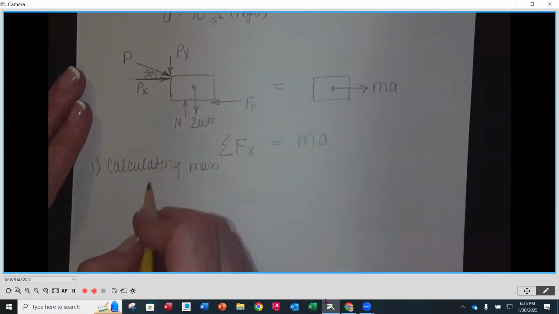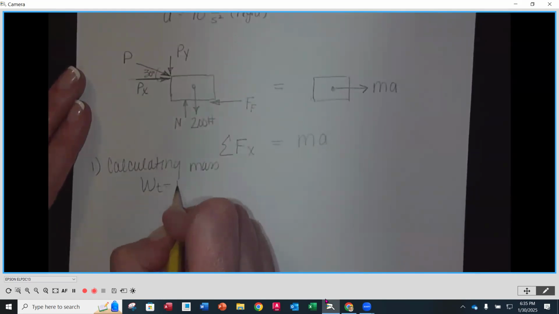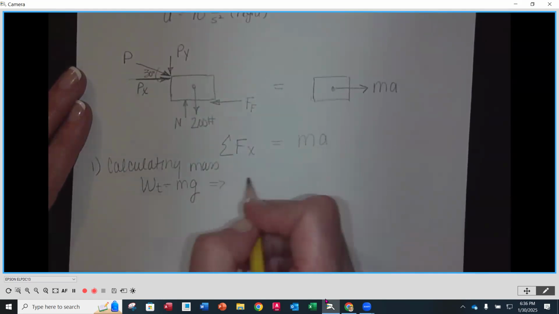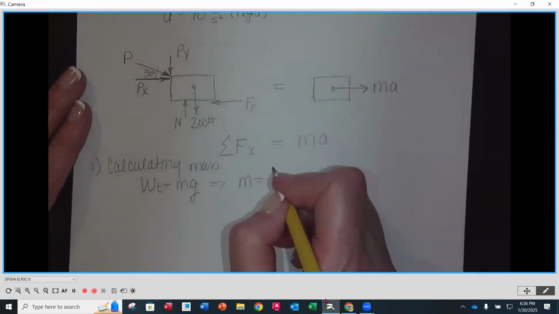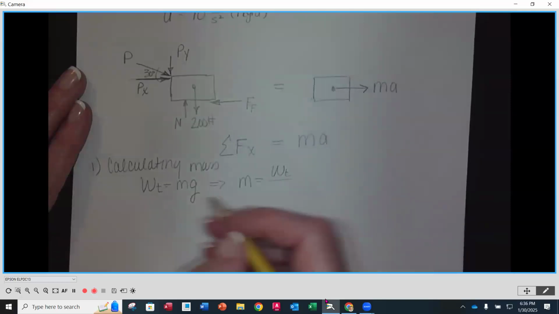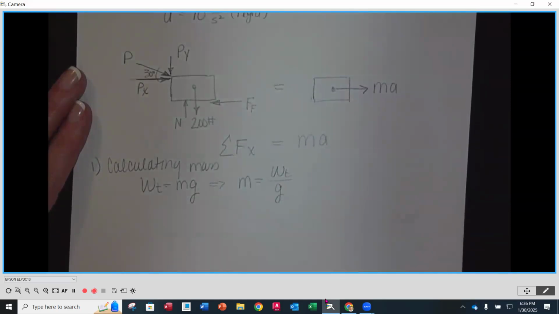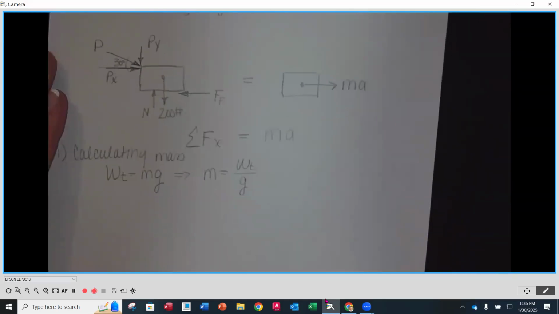To do that, we know that weight is equal to mass times gravity, right? So rearranging that, mass is equal to the weight of that block divided by gravity, okay? Now, I didn't put it in the givens, but because this is an English problem, our gravity is going to be 32.2 feet per second squared.